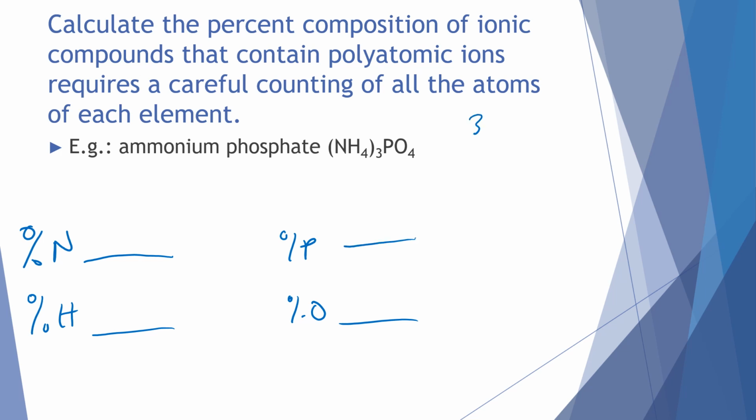So it's 3 times 14.01, that's nitrogen, 12 times 1.008, for hydrogen, plus 1 times 30.97, and then 4 times 16. Got to get the sum of all of that.